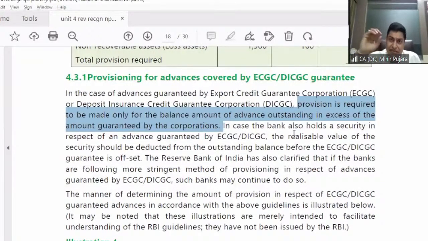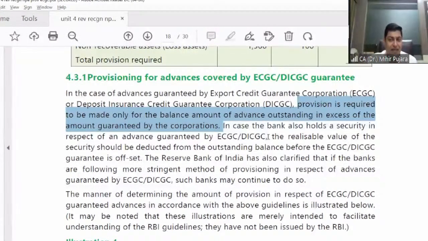Say, for example, the amount outstanding is 100. From this 100, 30 is bank-owned security. So 70 is unsecured. From this 70, the corporation says it will secure 50%. So for the bank, only 35 remains outstanding, which is unsecured.